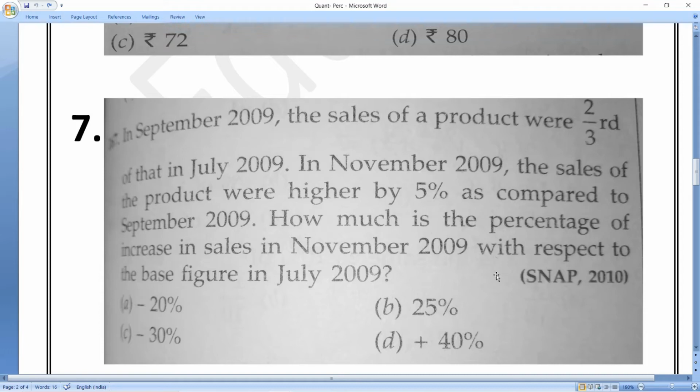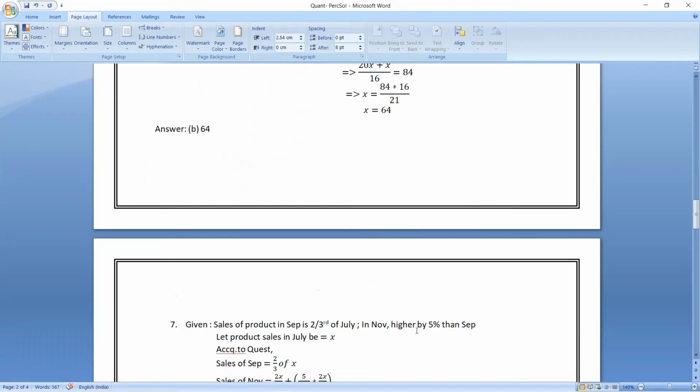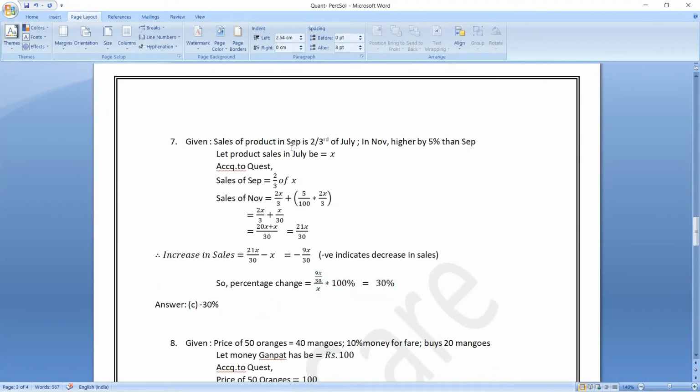So what we will do is, we have written down what's given. Sales of the product in September is two-thirds of July, and in November 5% higher than September. So we will take the product sales as X. Now sales in September is two-thirds of X, so we have written it. Sales in November is 5% more than September.